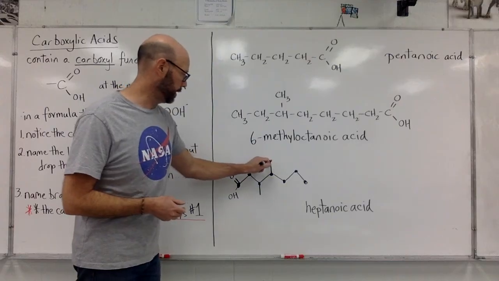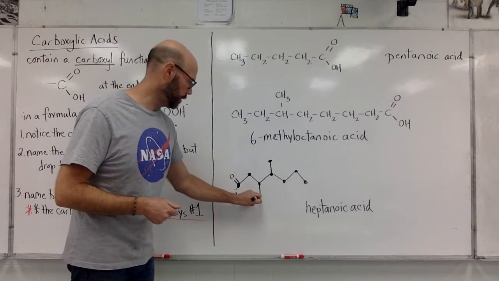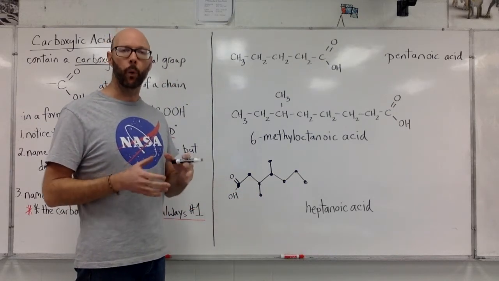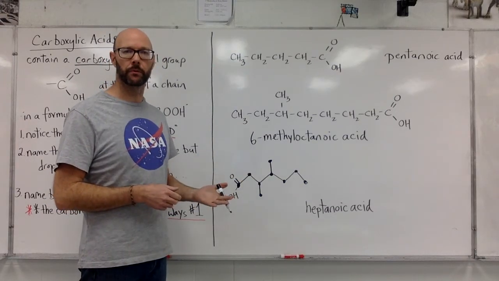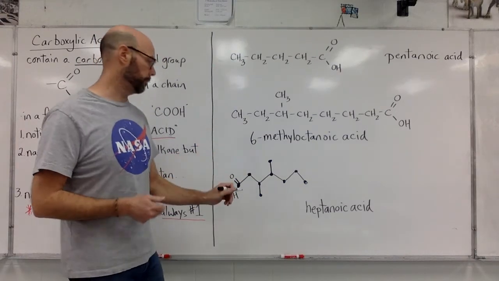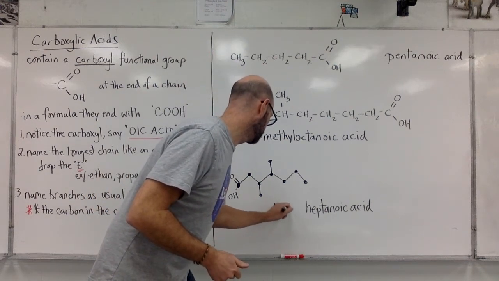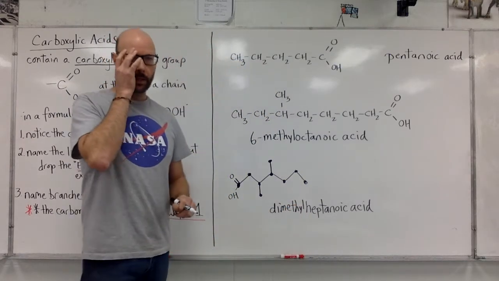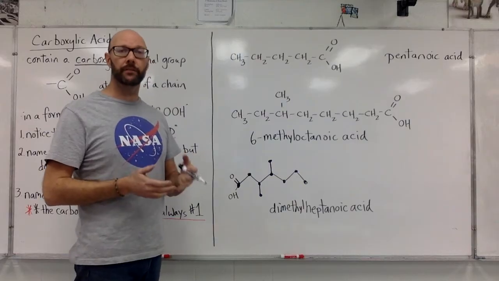We have this one right here, a branch with 1 carbon in it. Here's another branch that also has 1 carbon in it. A 1-carbon branch is methyl. We have 2 methyls. It's dimethyl. We must use some digits to show the location of these methyls.